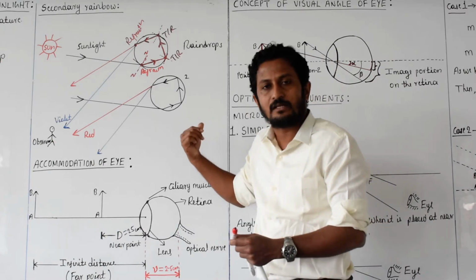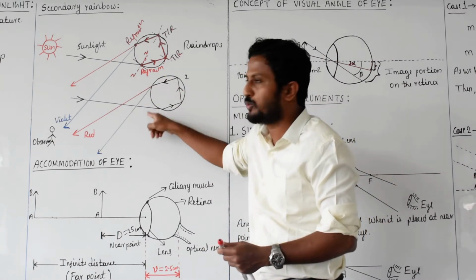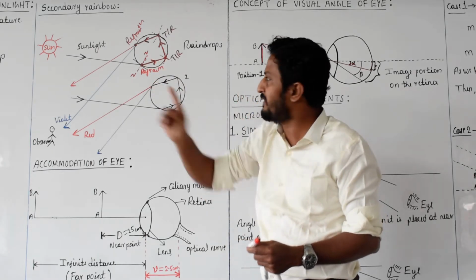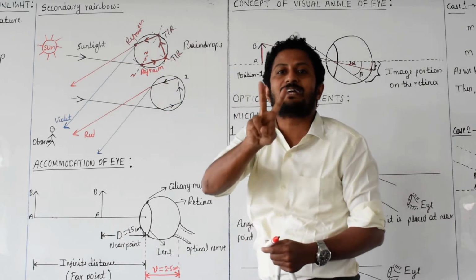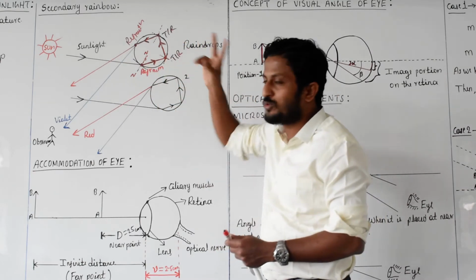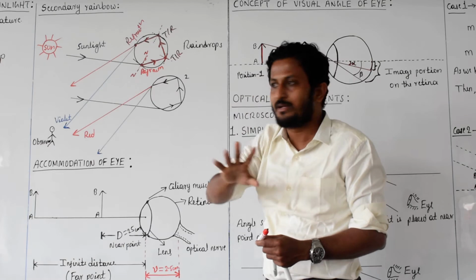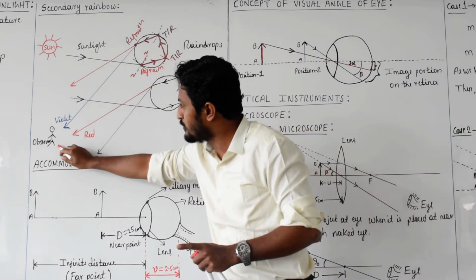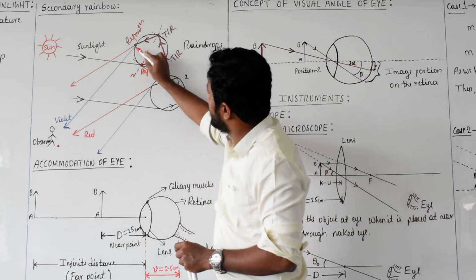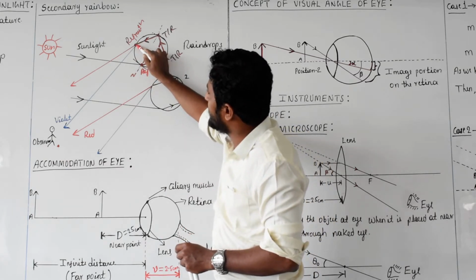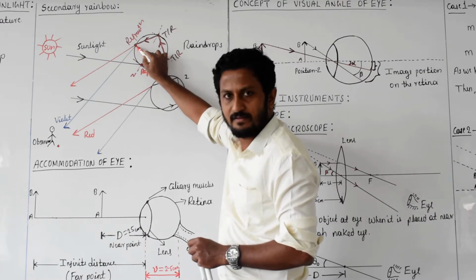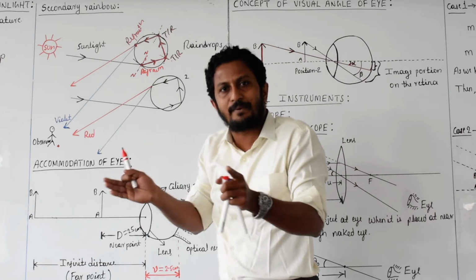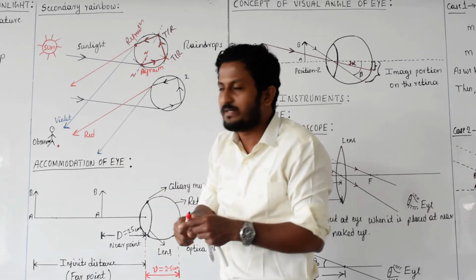Here in this one, light entered through the bottom portion, so there are two refraction and two TIR. When those light rays get refracted finally here, they are separated because of dispersion.